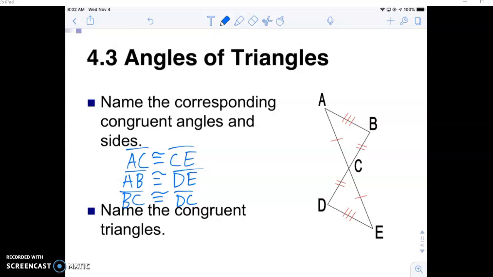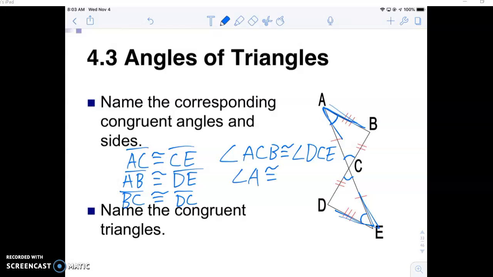And then next, with the angles, we know that this angle and this angle are the same. So I'm going to go angle ACB is congruent to angle DCE. I also know that angle A and E are the same because they're both the angle being made by those two sides there.